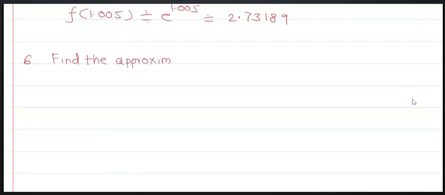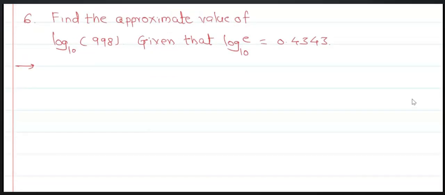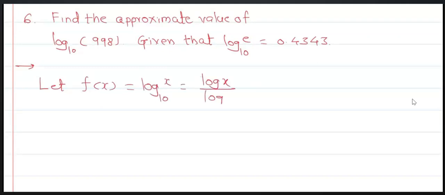Now the 6. Find the approximate value of log of 998 to the base 10. Given that log of e to the base 10 is equal to 0.4343. f of x is equal to log of x to the base 10.